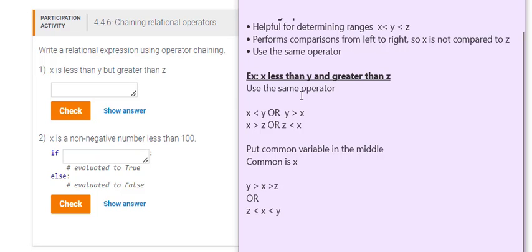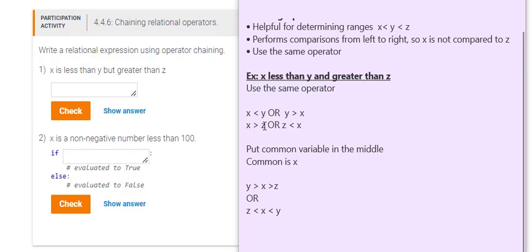So let's break this down. We could do it a couple of different ways. We know that x is less than y. Okay, so I've got that here. X is also greater than z. So we've got x is greater than z here. Now if we switch those around with the operators, x is less than y also means that y is greater than x.